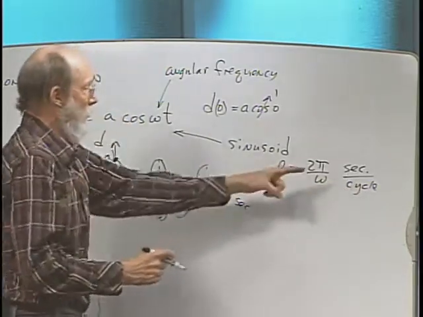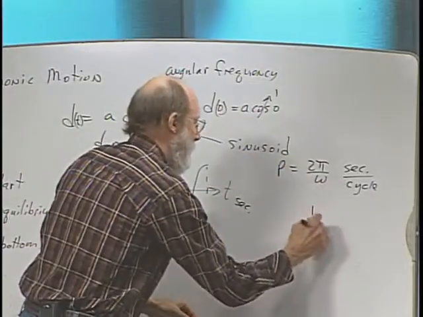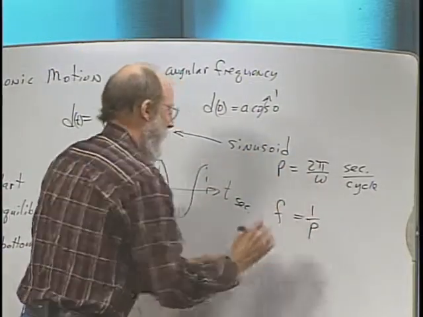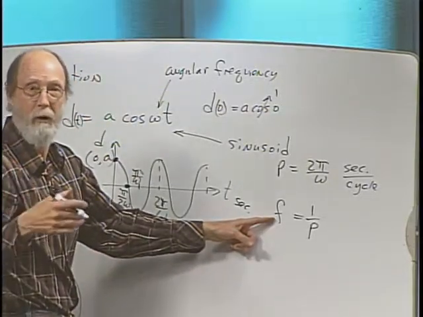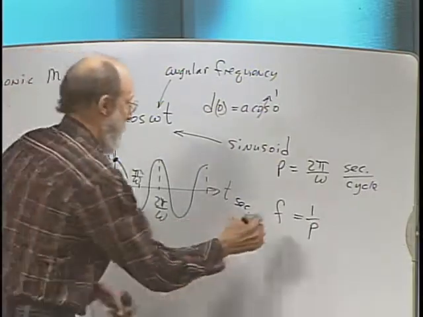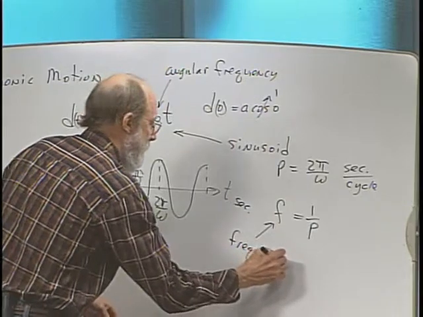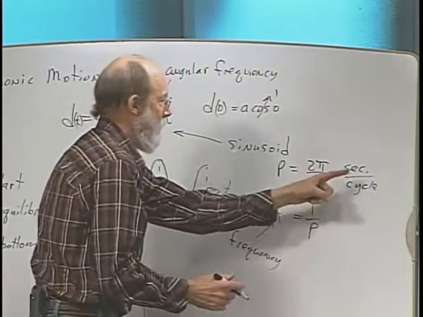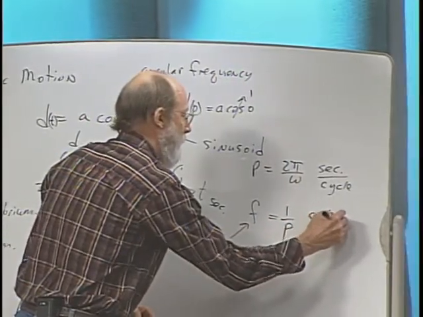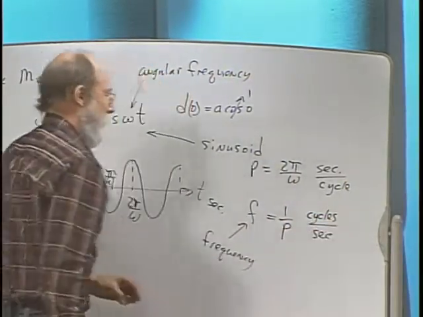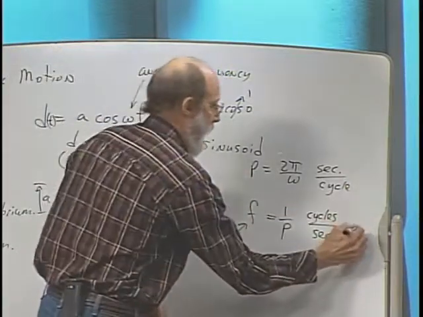So if that's true, then if we turn that upside down and find its reciprocal, we get something we oftentimes call f. Some subjects in physics or engineering might use a different symbol for this, but this is just called the frequency. If you turn the units of the period upside down, you can see that the units now are cycles per second. And that's something we've all heard about. Oftentimes we abbreviate that as CPS.